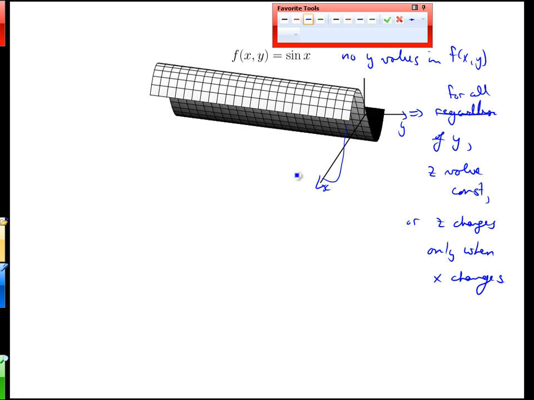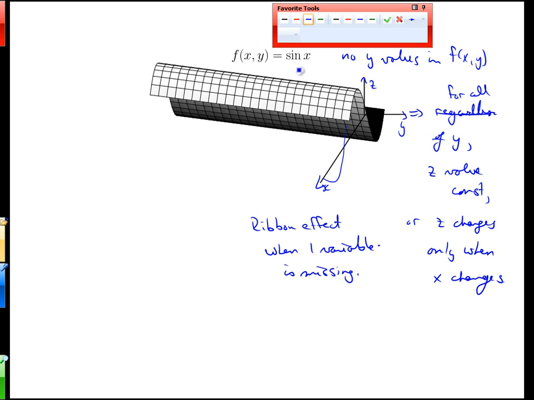So in fact, we get a ribbon effect when one variable is missing. I guess it's not really missing, it's just not used in the calculations. But in this case, we have the sine graph that's marching towards us, and it would be shown as a ribbon marching towards us when we include that third dimension, the y direction.